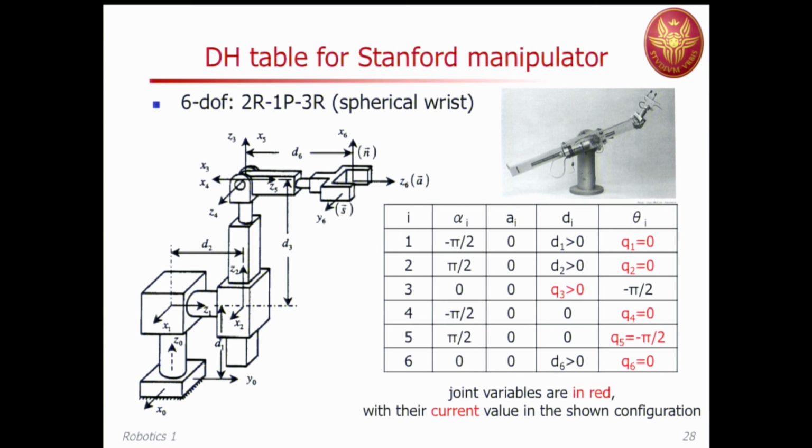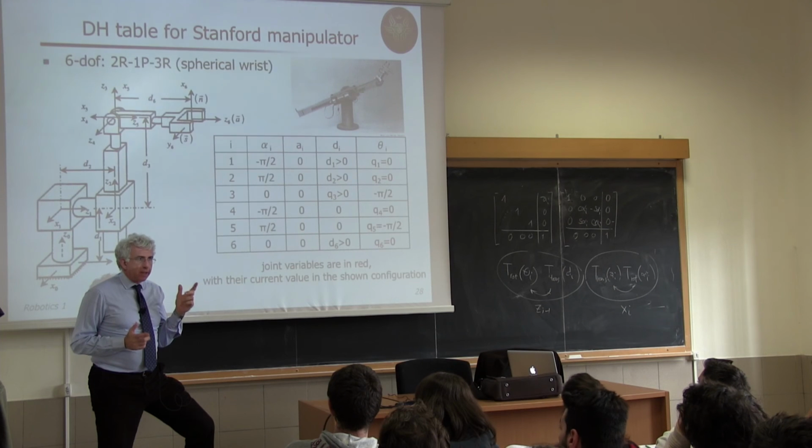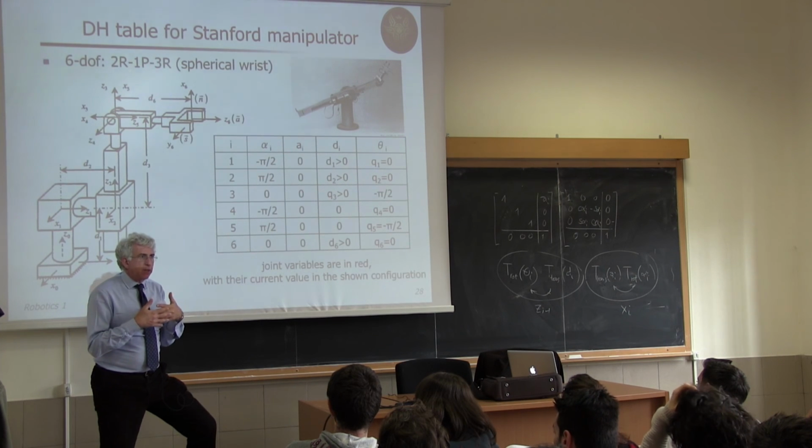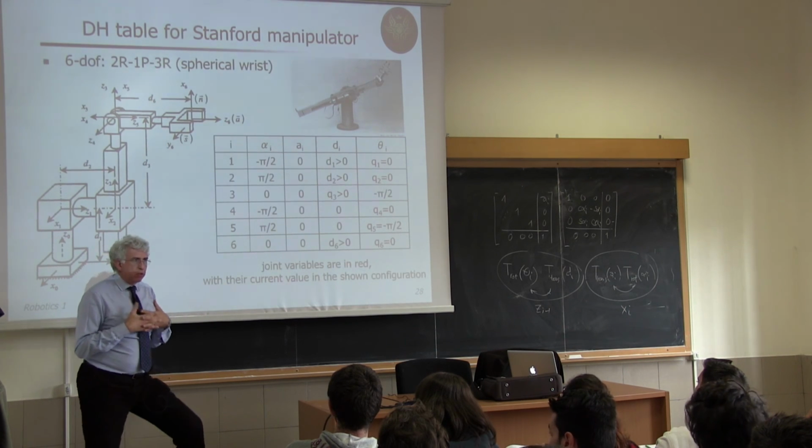Sometimes you say, well, I just need the table, I don't need the frames. Why? Because with the table I compute the transformation matrix, and then I compute the direct kinematics matrix. Why should I need to draw the frames on the structure? Well, if you don't draw the frames on the structure, you don't understand whether your results make sense or not. This is why I'm insisting that you have to do the two things together.